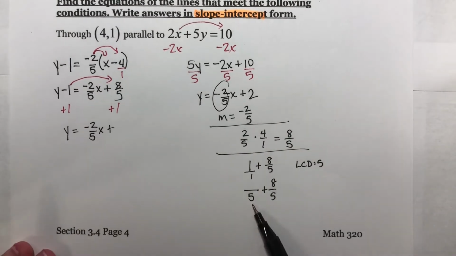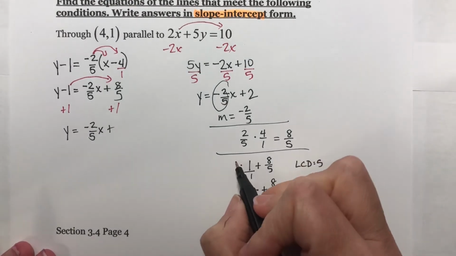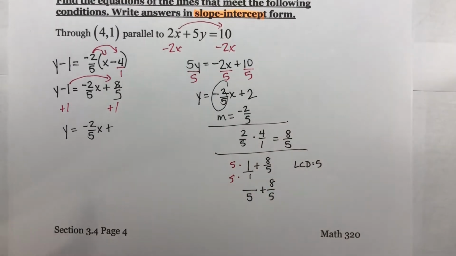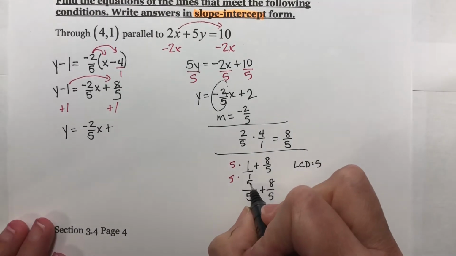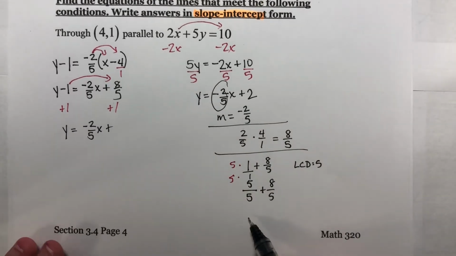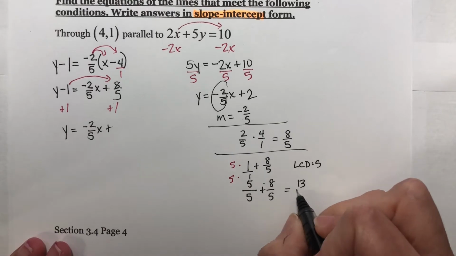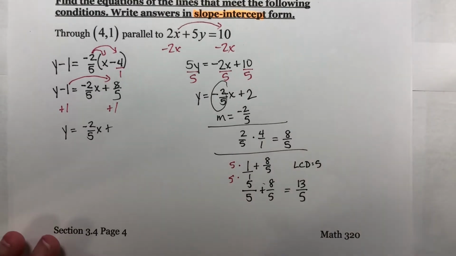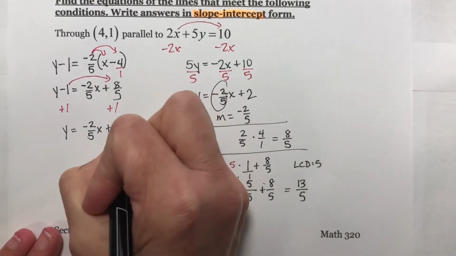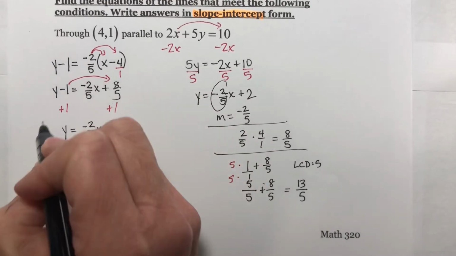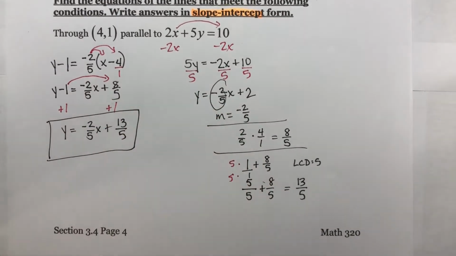Well, I multiplied the 1 by 5 to get 5, so I'll multiply the top and the bottom by 5. Get 5 over 5 plus 8 over 5. 5 plus 8 is 13, and I get 13/5. And this is the solution we are looking for.